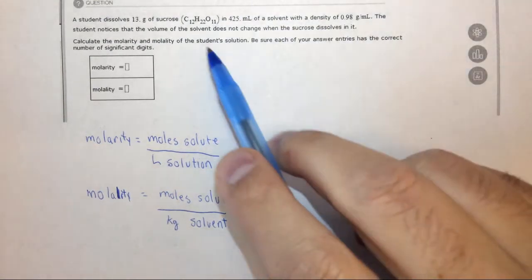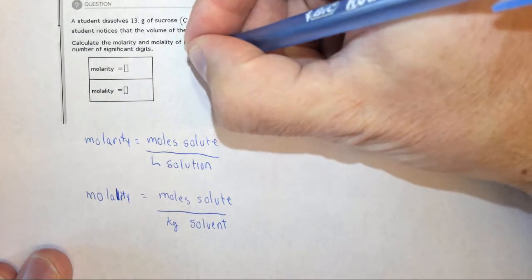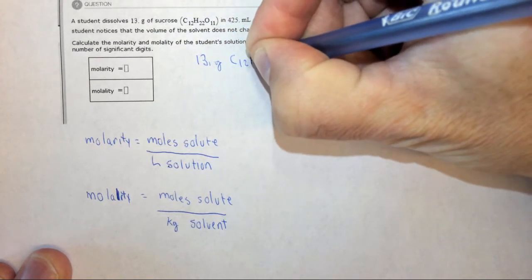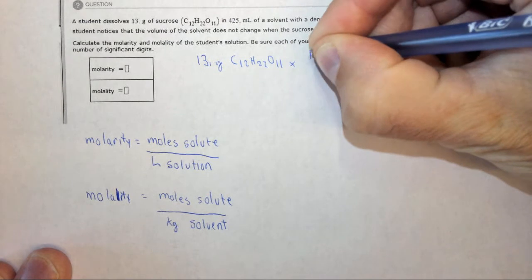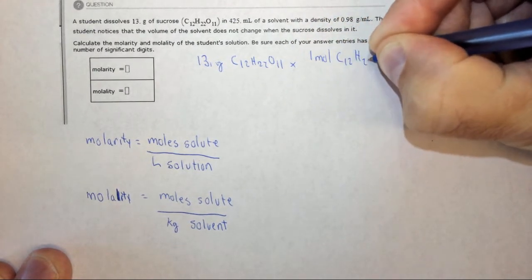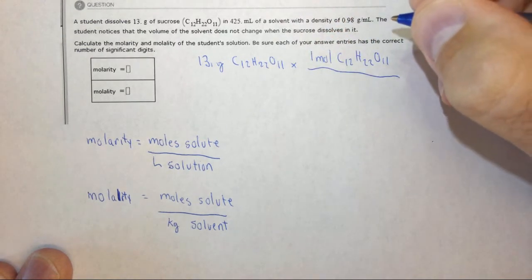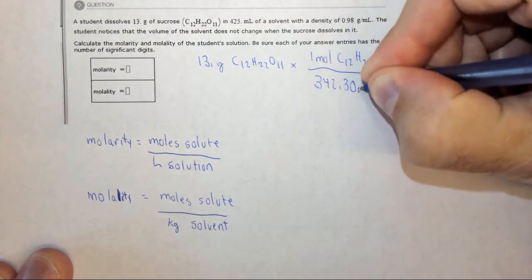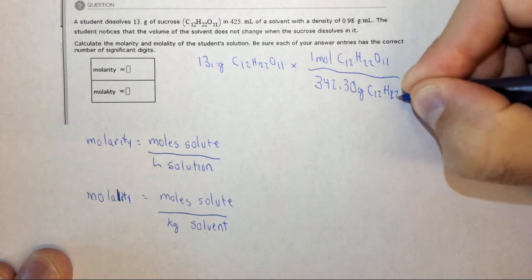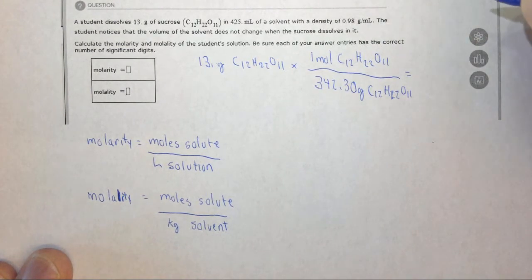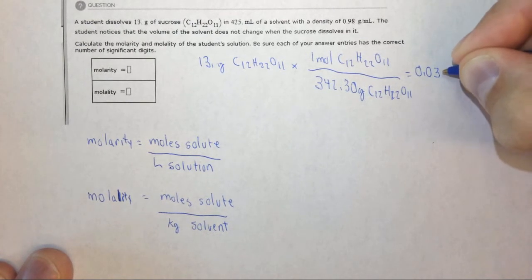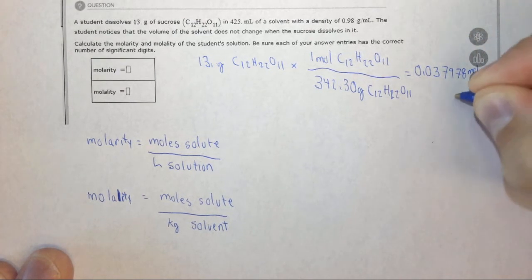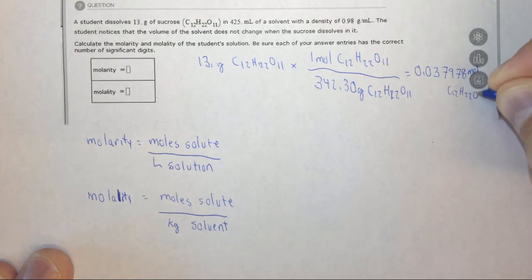So in both cases we need moles of solute, and the solute is sucrose, so I'm going to figure out what the moles of solute is. 13 grams of C12H22O11 times 1 mole of C12H22O11, and 1 mole of this compound is 342.30 grams of C12H22O11, which gives us 0.037978 moles of, in this case, C12H22O11.